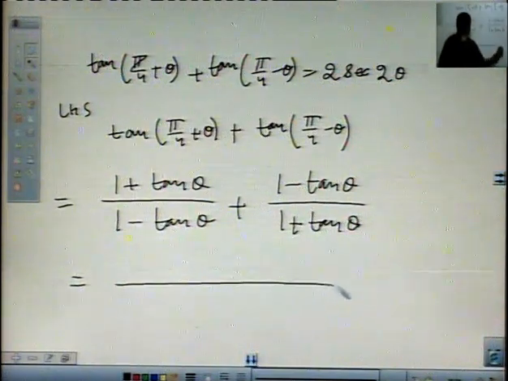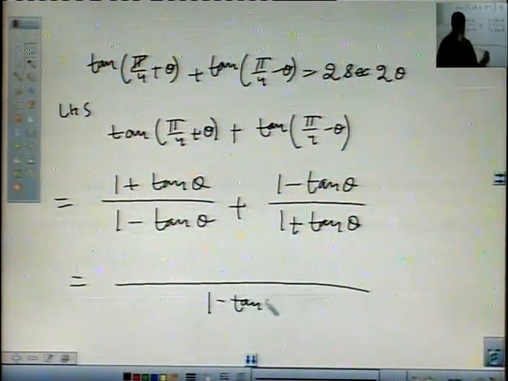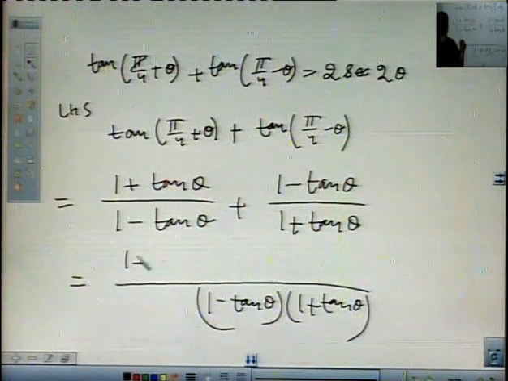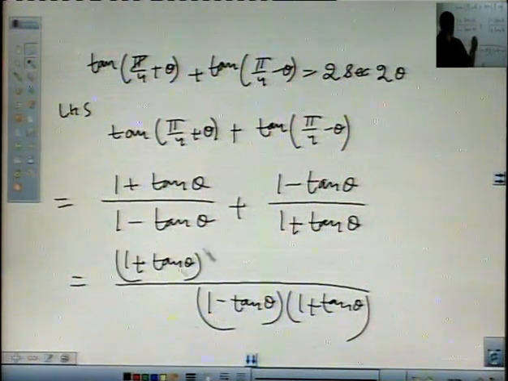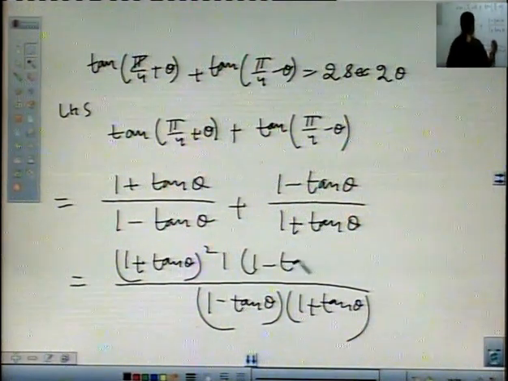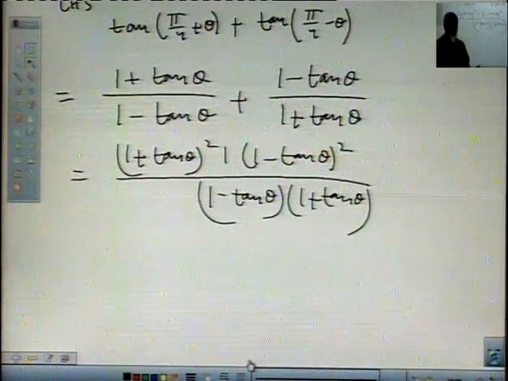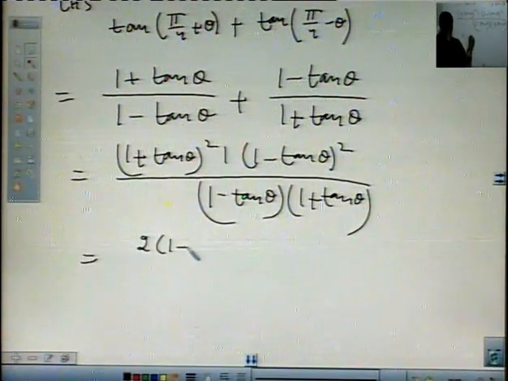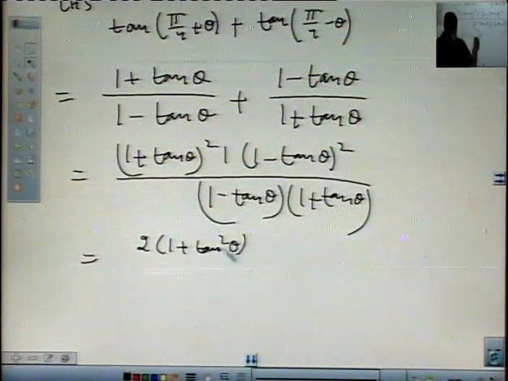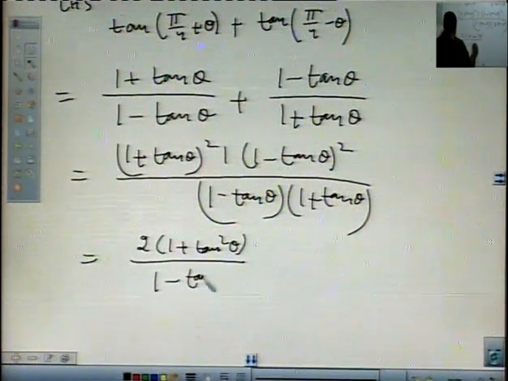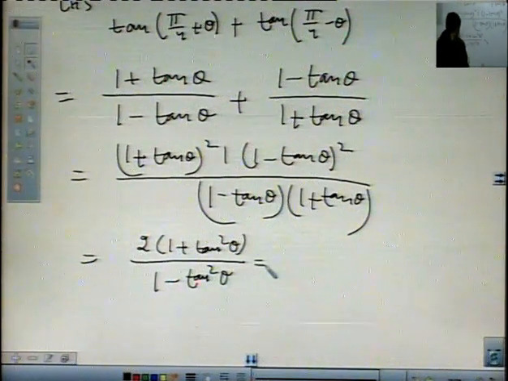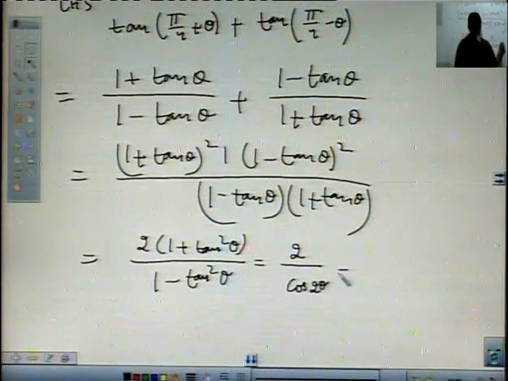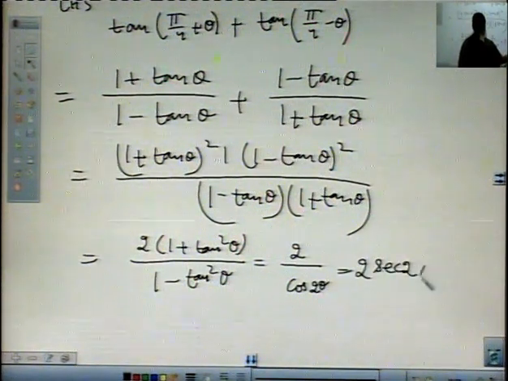Now by taking LCM, it will be equal to 1 plus tan theta whole square plus 1 minus tan theta whole square, and in the denominator 1 minus tan square theta. The numerator becomes 2 times 1 plus tan square theta, so it will be equal to 2 cos 2 theta upon, which is equal to 2 secant 2 theta.